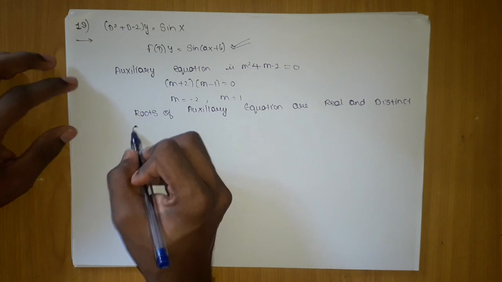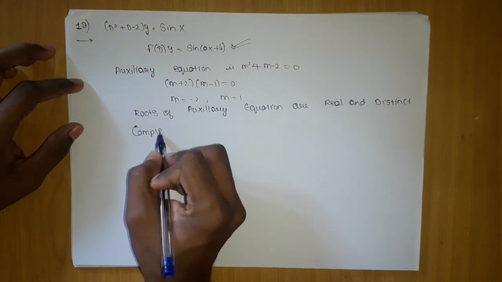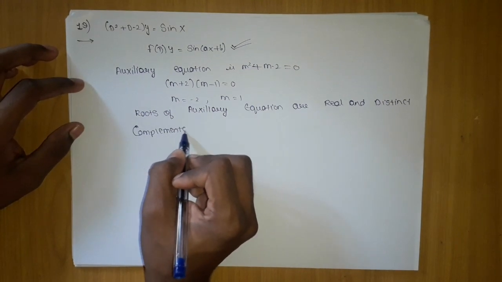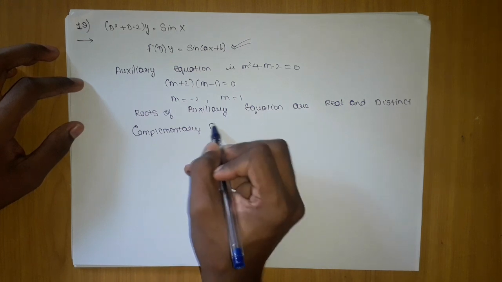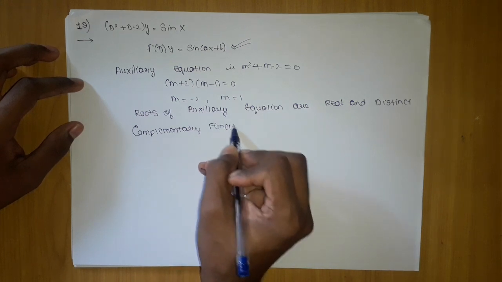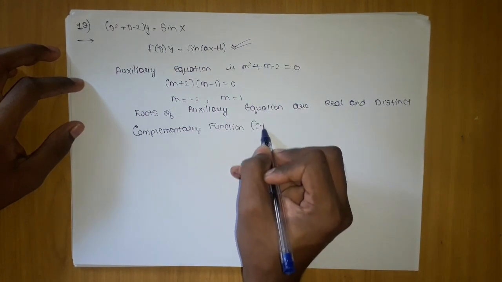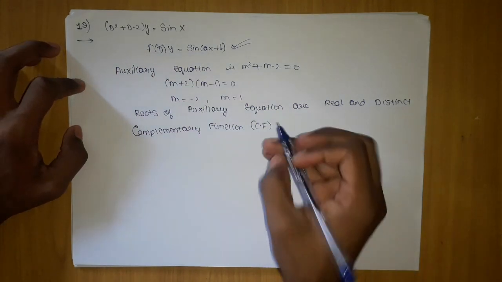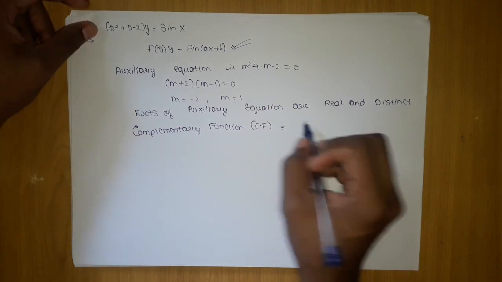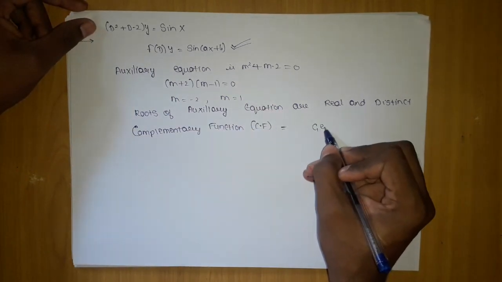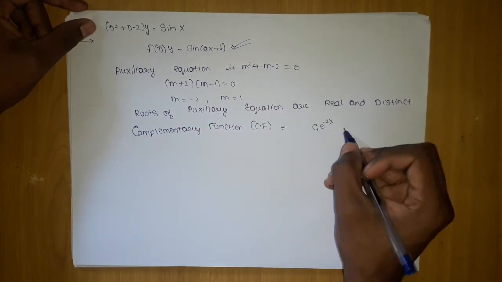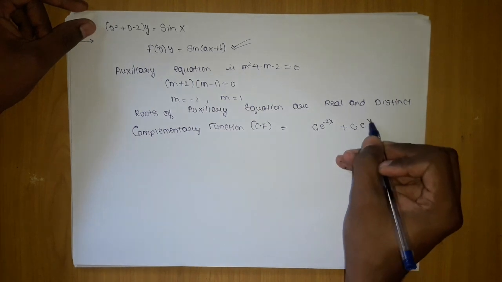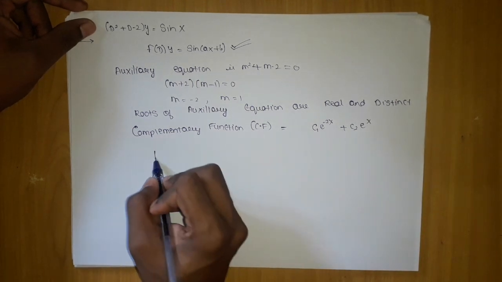You can easily find it. After the two problems, we will write the CF directly. And here what we are going to do, roots are different. C1 e to the power m1 x, which is e to the power minus 2x, plus C2 e to the power x. This is our complementary function.